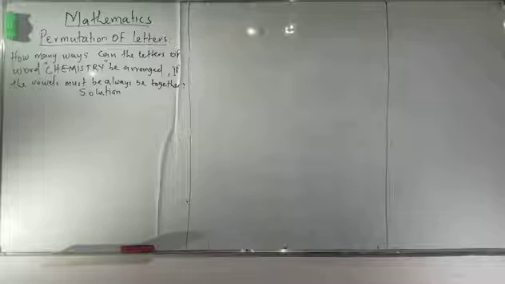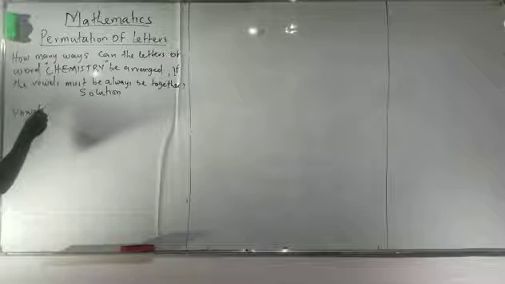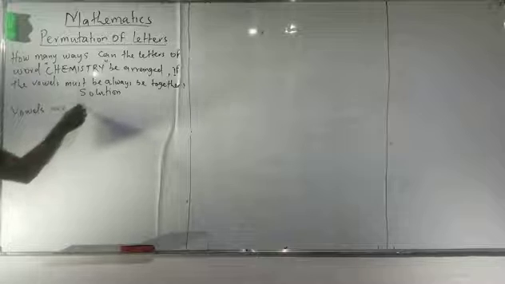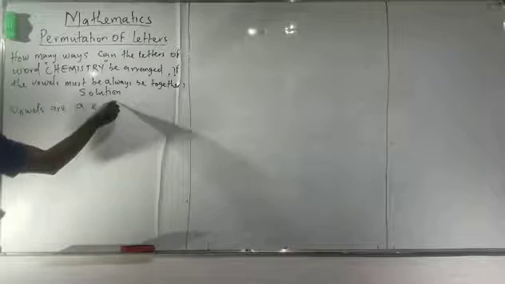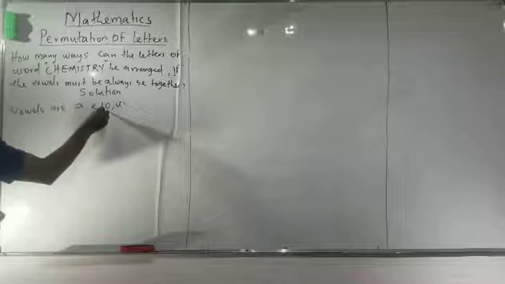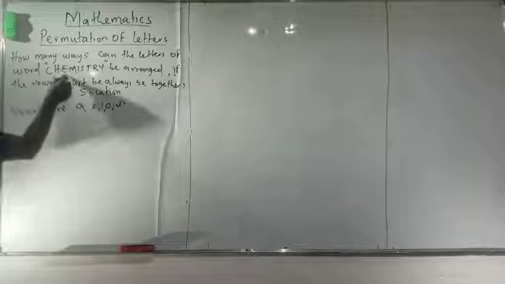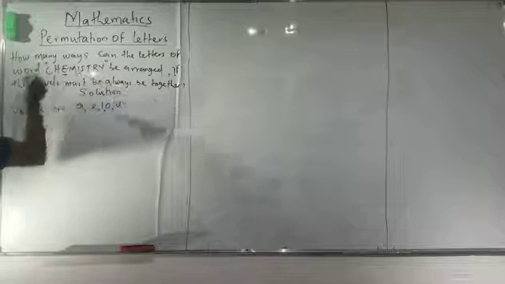Now, what are the vowel letters? Vowels are A, E, I, O, U. Sorry. Now, how many vowels are we talking about here? I know this is 1, this is 2.